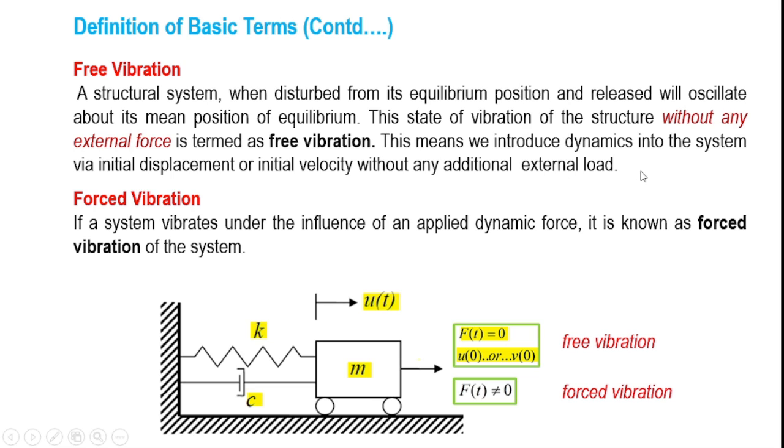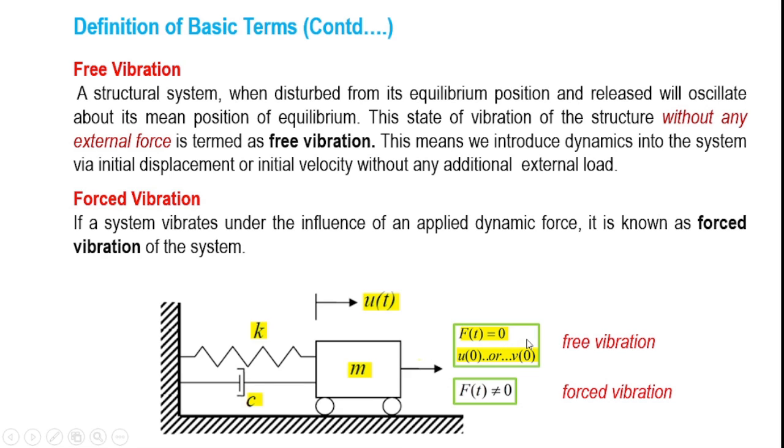It means that in a free vibration, the process of vibration gets initialized because of an applied initial displacement or an initial velocity or both, and we don't require the support of any additional external load to mobilize the free vibration. So it means in a free vibration, Ft will be 0.